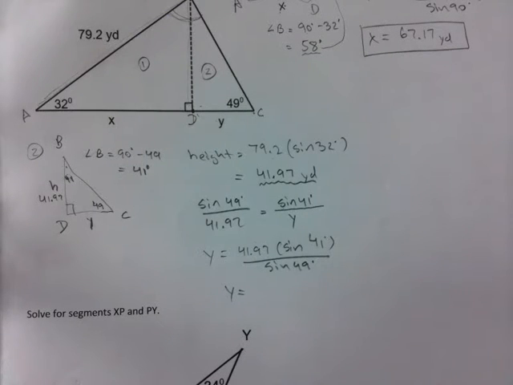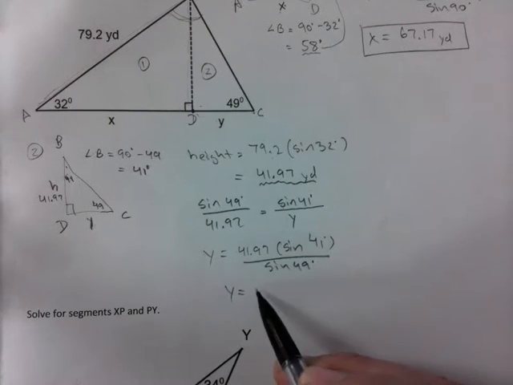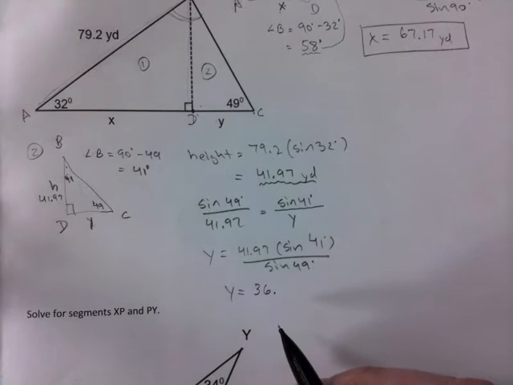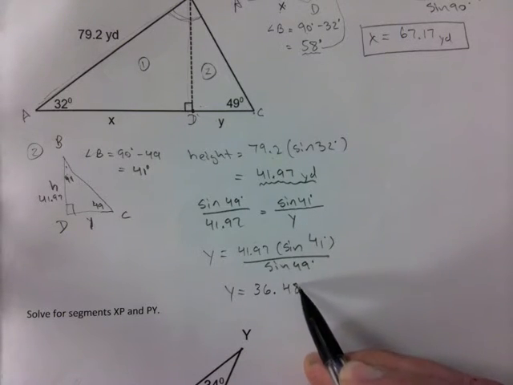So Coda, your answer was very good, okay? It would have worked just fine. In theory, it should be the exact same. If I made a mistake here, of course, which does happen, that's 36.48 yards.